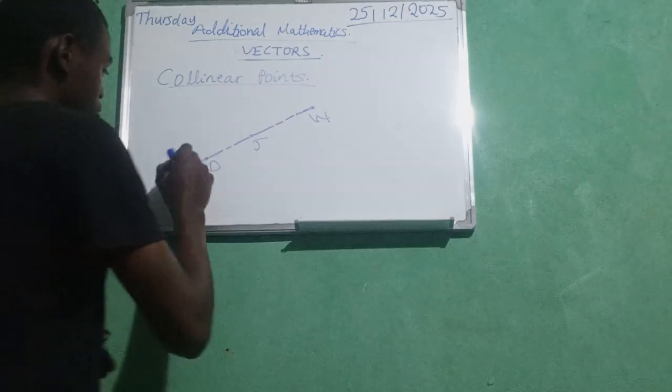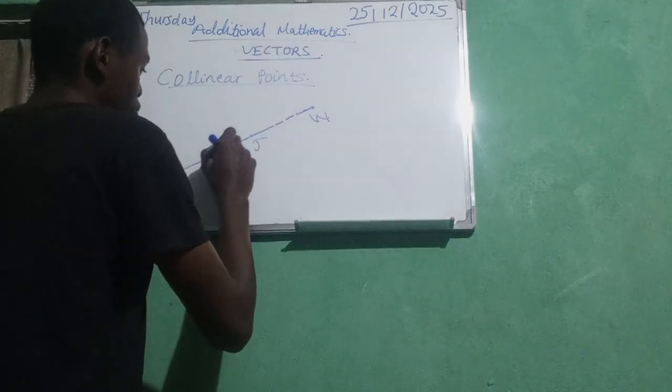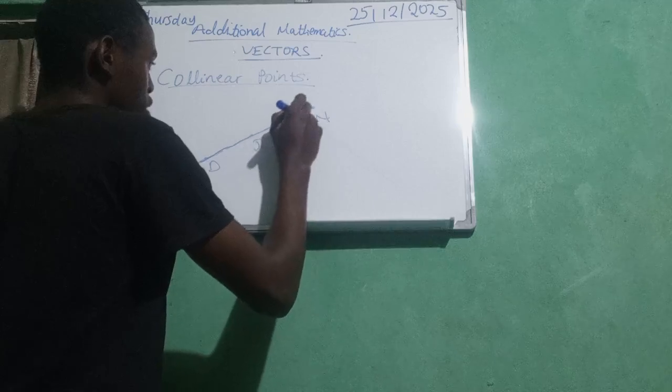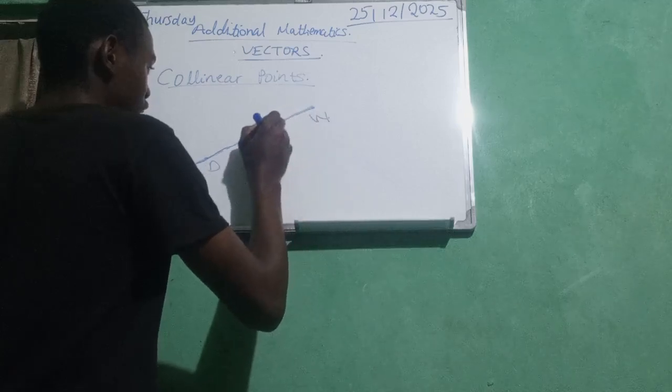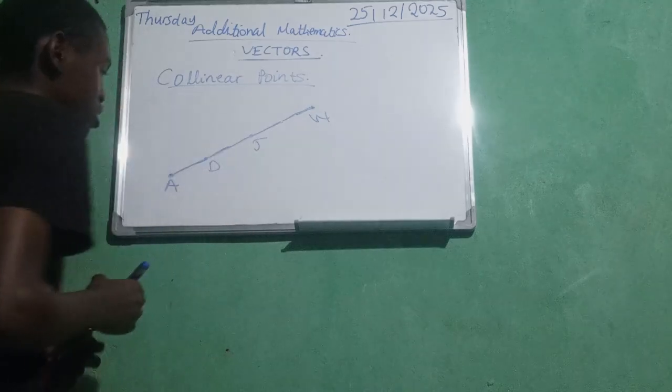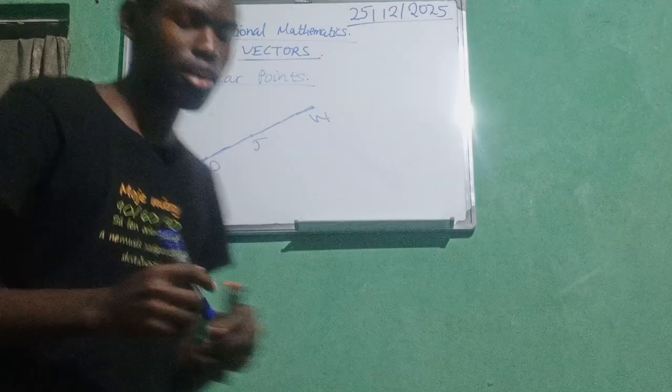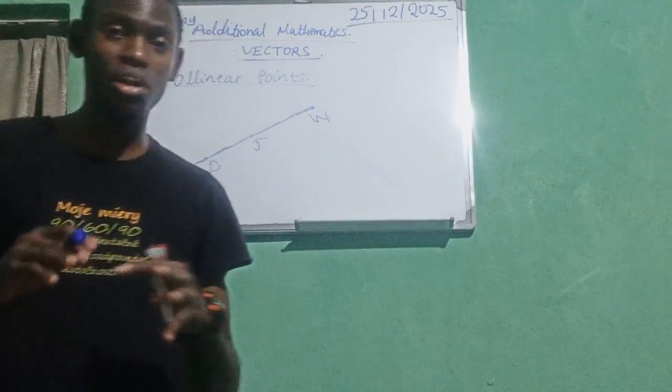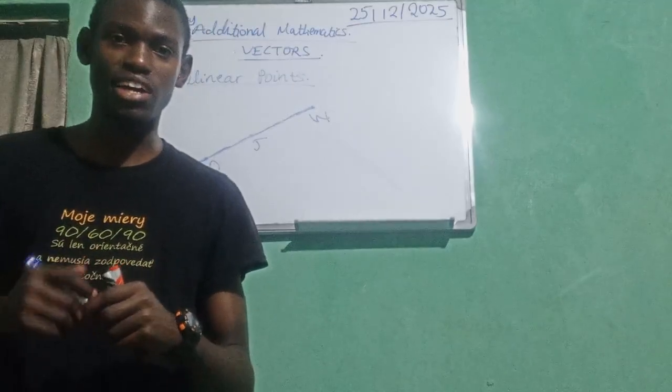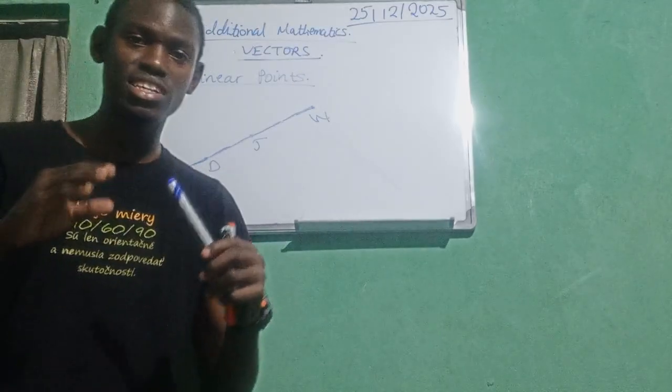Now, we can talk about collinear points as we are discussing vectors. Under vectors, collinear points help us because they are separated by certain scalars.